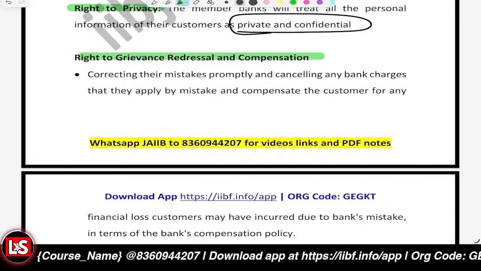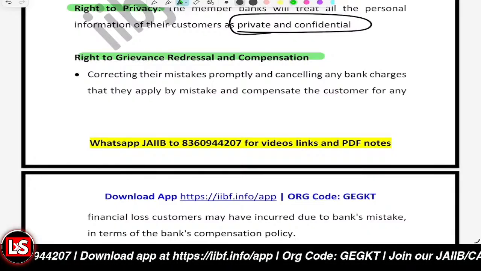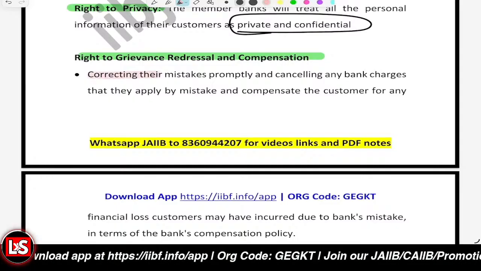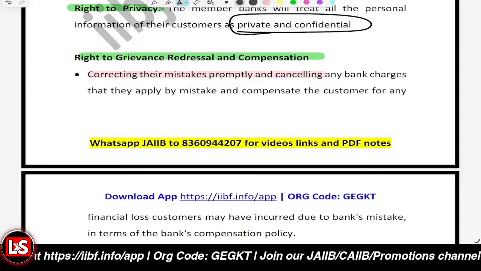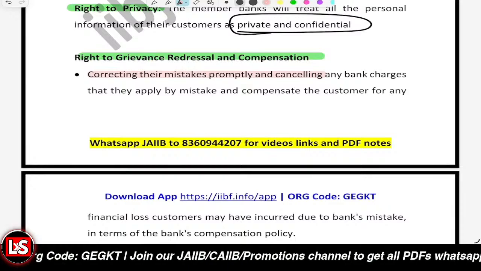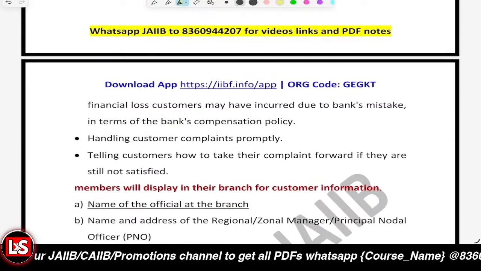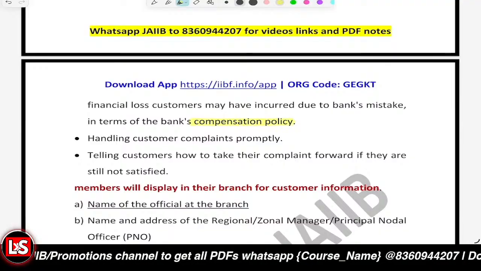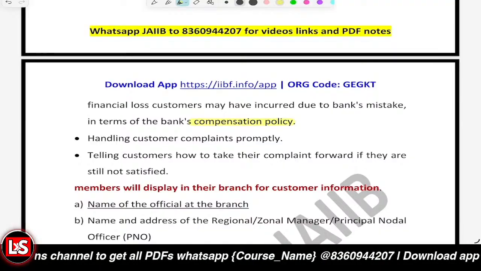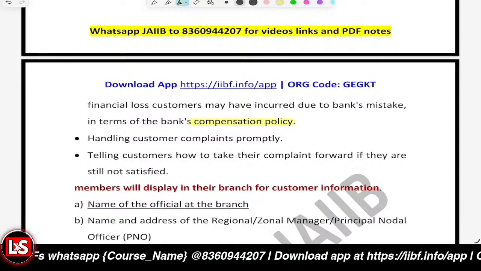Then the another right is related to the right to grievance redressal and compensation. So banks must quickly rectify the mistakes if there are any. The bank should act promptly to correct the mistakes and reverse the wrong charges, right? And wherever the customer has suffered a loss, compensation should be provided to them. So banks should have a proper compensation policy, and if a customer suffered some loss due to the bank's mistake, definitely that should be compensated.